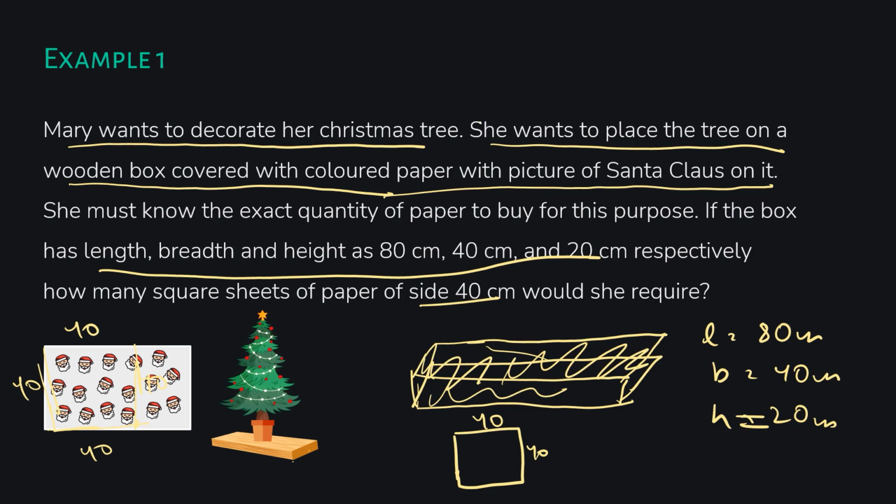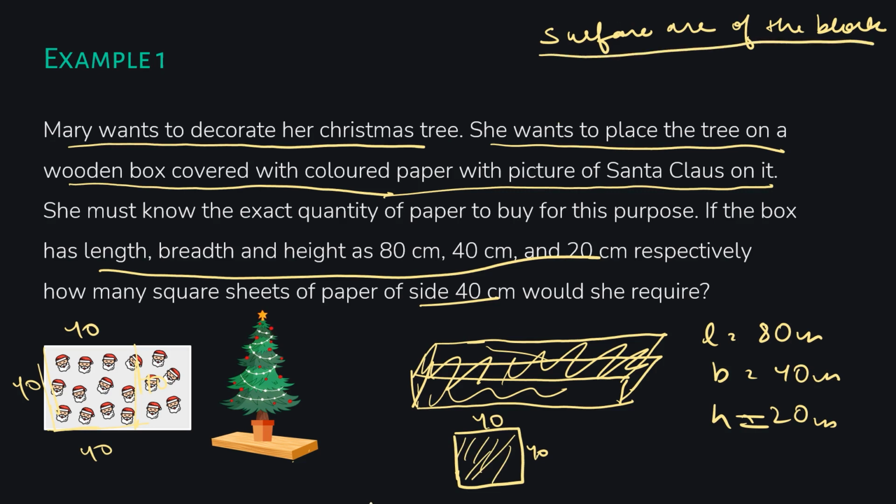So first of all, I'll just write out the surface area of the block. And to know how many sheets are required, we know that the area would be given as side into side. So the area of the sheet has to be divided into the surface area to get the number of sheets, because one sheet would cover this much area, and another sheet would cover this much area, then this much, then this much.